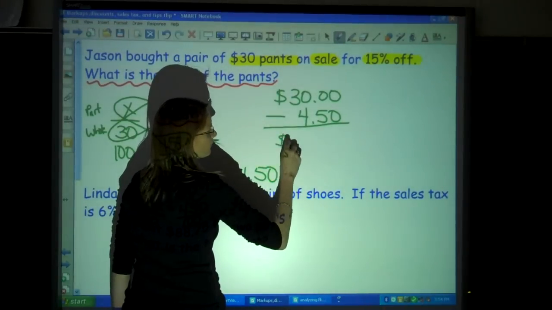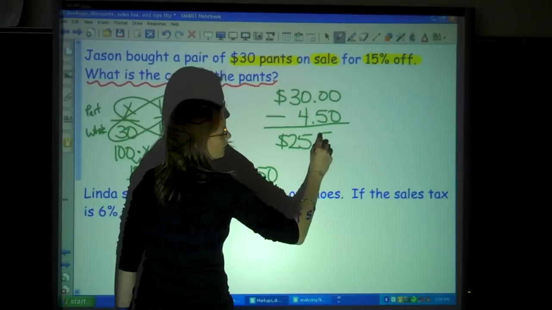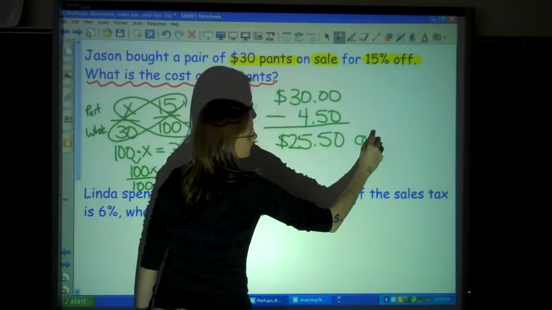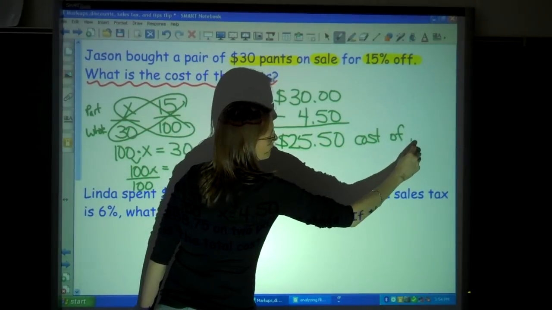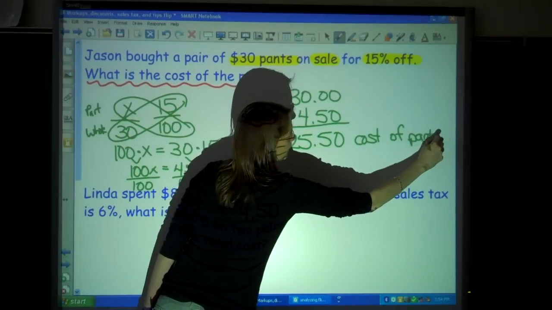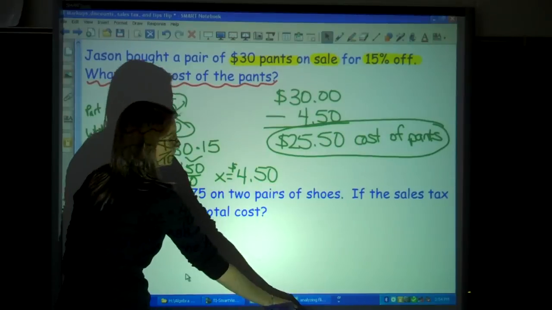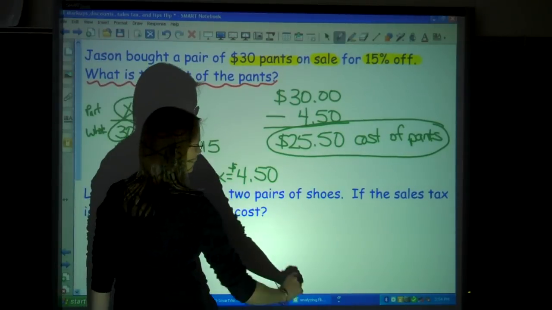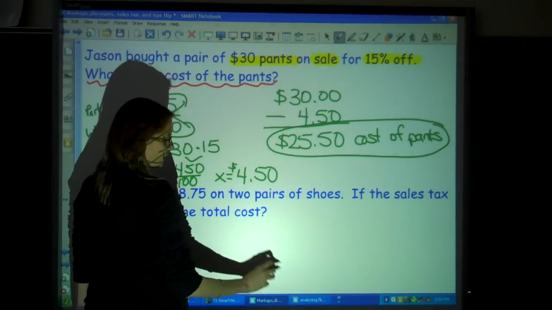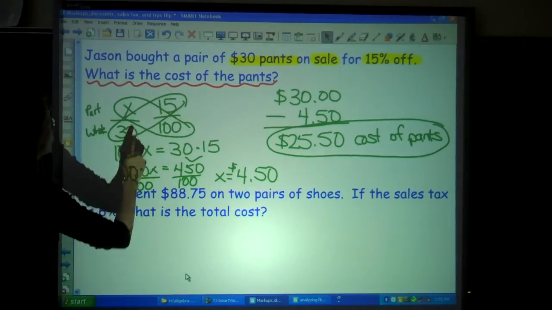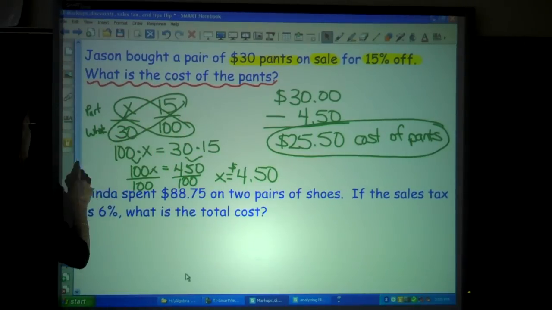So the $25.50 is the cost of the pants. This is a two-step. First we find the percent they're taking off, and then we take it away from the cost of the pants. So this is the 15% off. But the question wants to know, what's the cost of the pants?